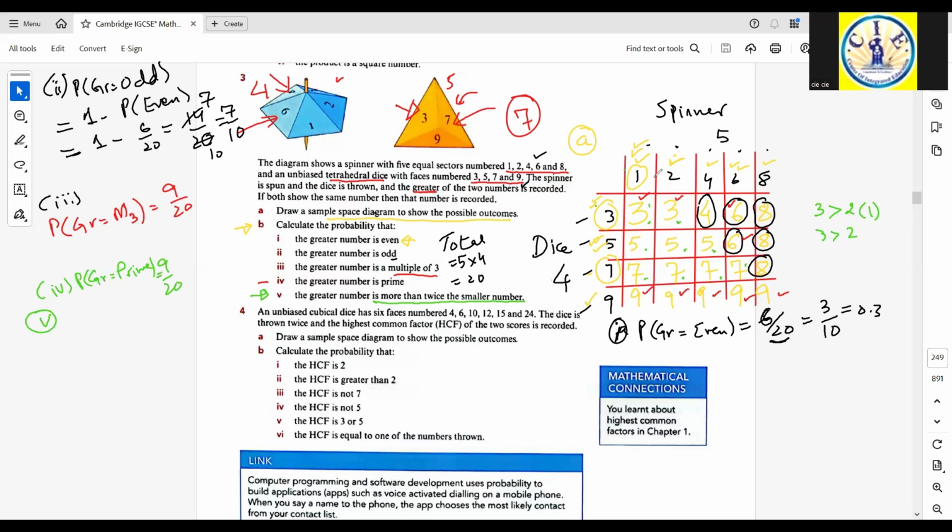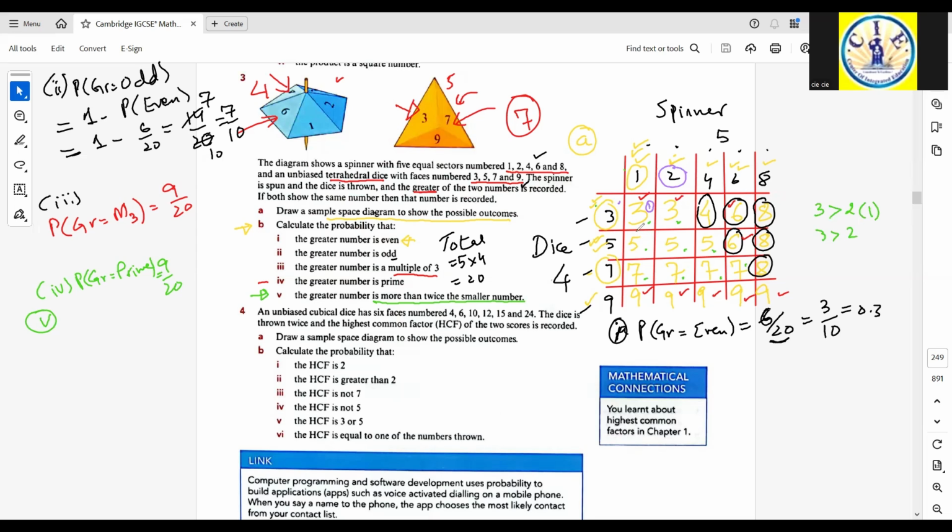Let me change the marker color, let it be this purple one. Okay, 1. Now if you compare 3 and 2, twice the smaller number is 4. The larger number, which is 3, is not more than twice of this. So I'm not going to count this one, and no more numbers from this row.